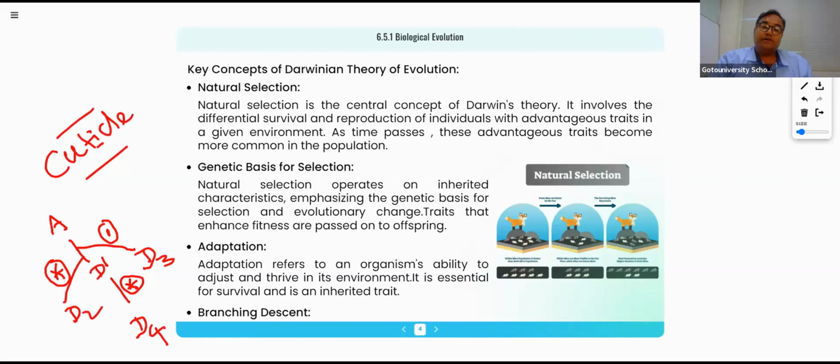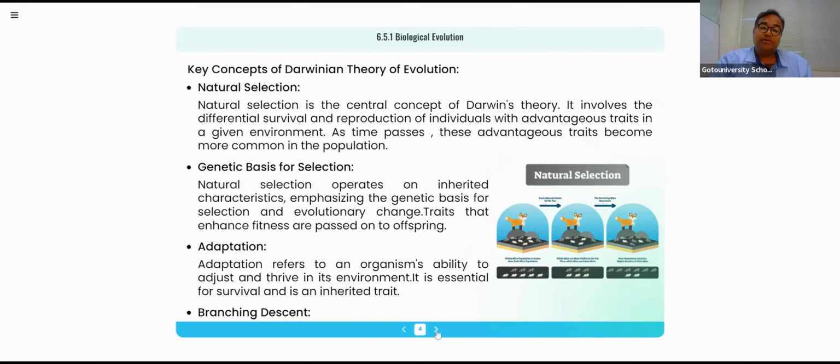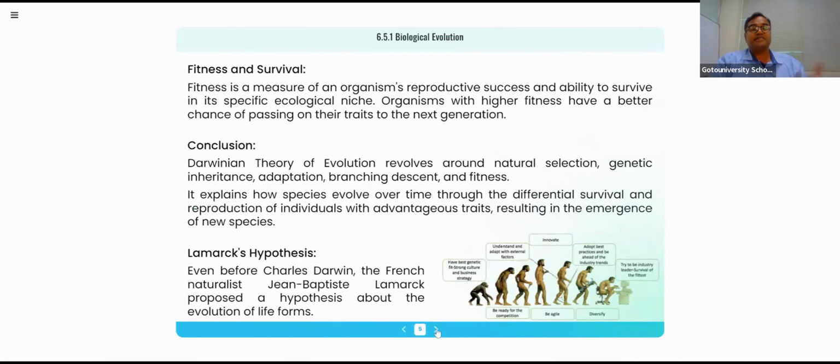And now we are entering into the next important topic, fitness and survival. Here, fitness is very important for anteaters with a long tongue, anteaters with a short tongue, and anteaters with a medium-sized tongue.